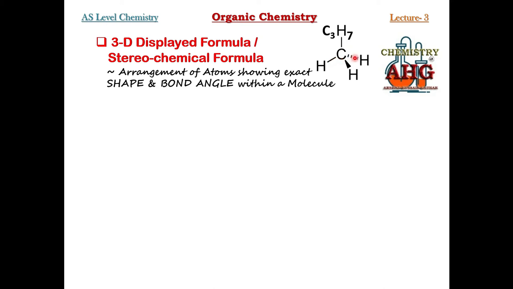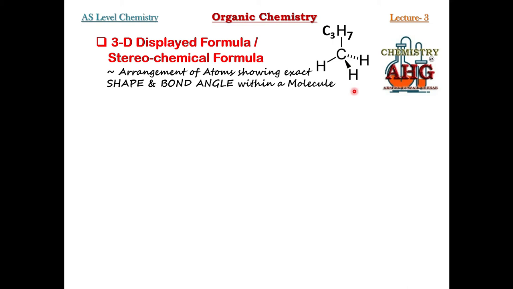While this bond that is shown by using a broken line indicates that this bond is present at the back side of the carbon. This is present into the paper, into the whiteboard, and this style of bond that is represented by a wedge indicates that this bond is present out of the whiteboard, out of the paper.